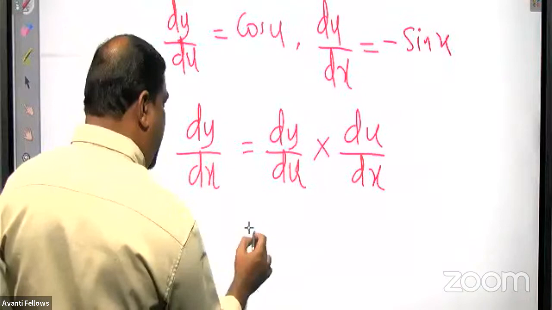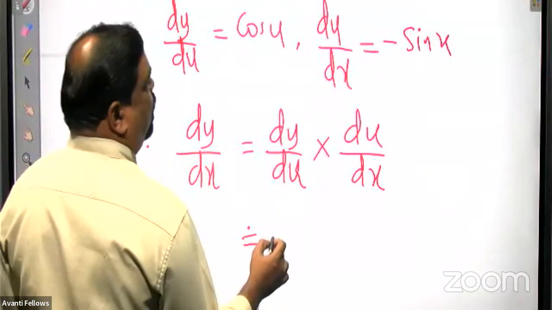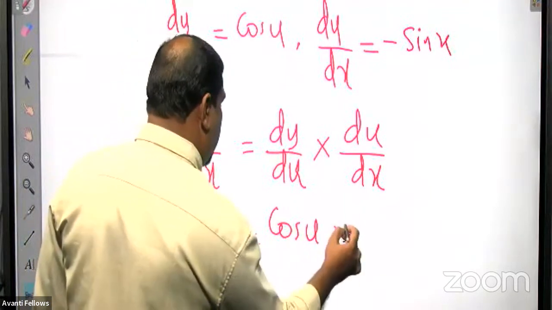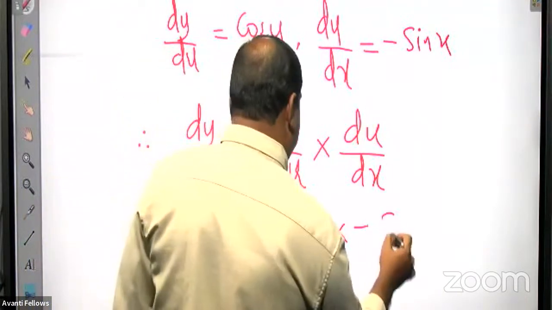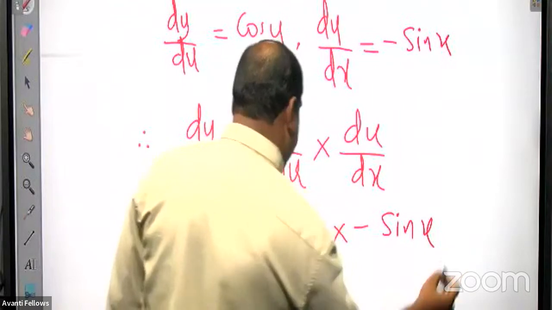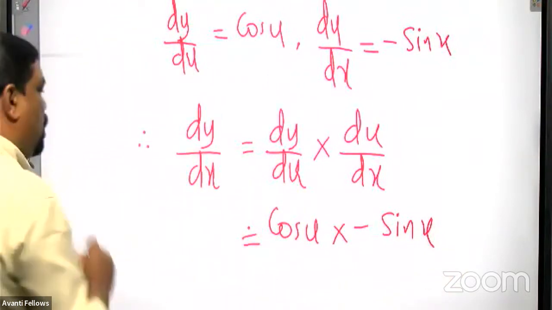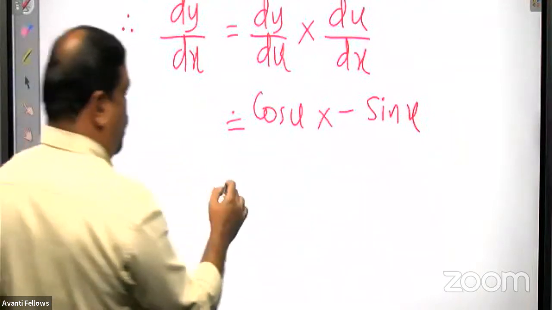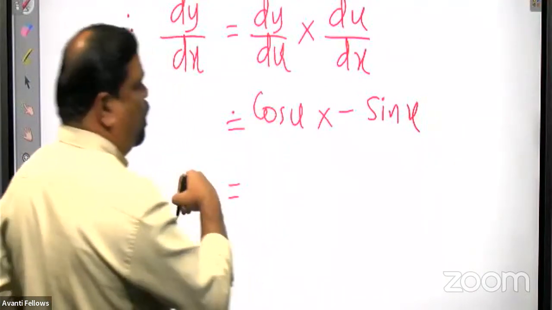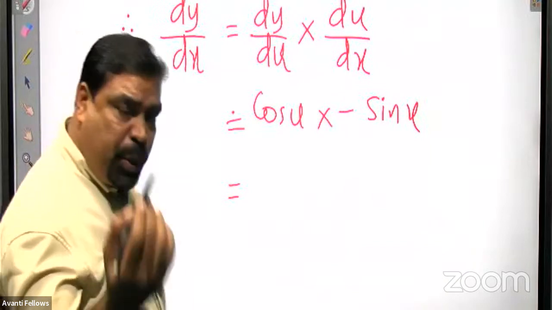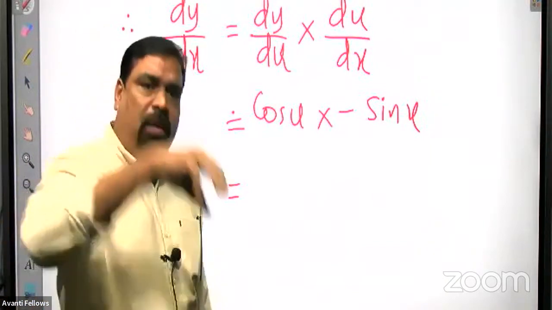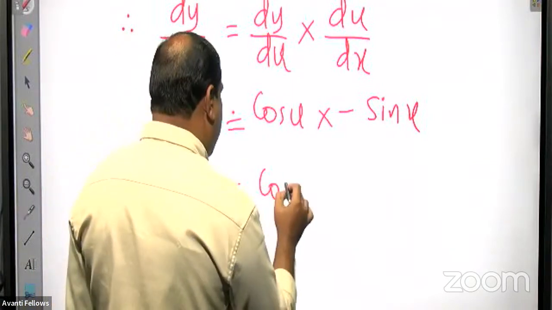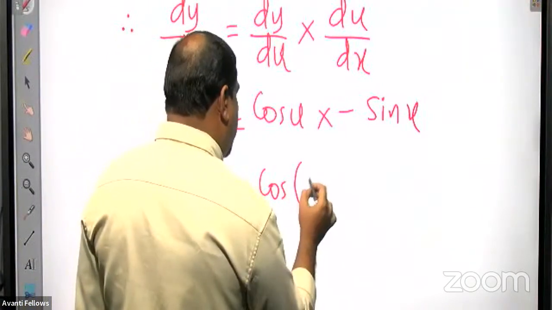So now what is dy by du? dy by du means cos u. And du by dx means minus sin x. Now, u is a temporary substitution, so again we have to bring it back into x. What is u actually? u is cos x.